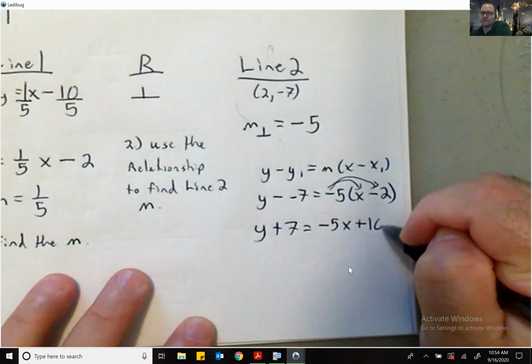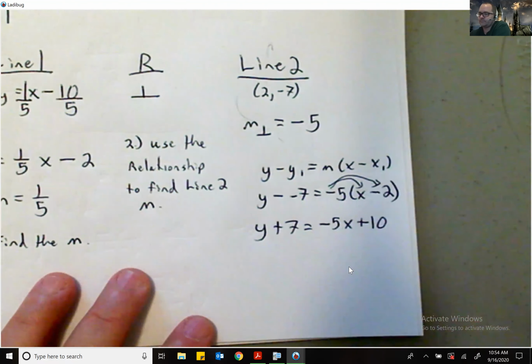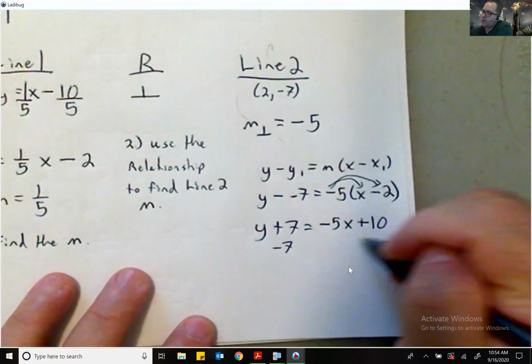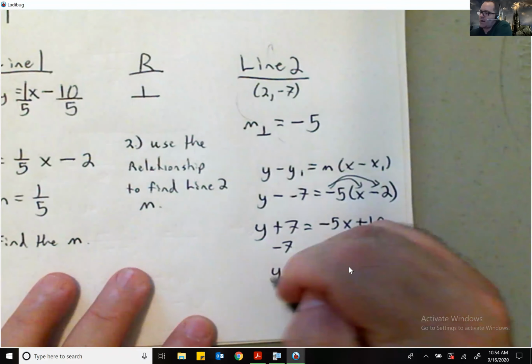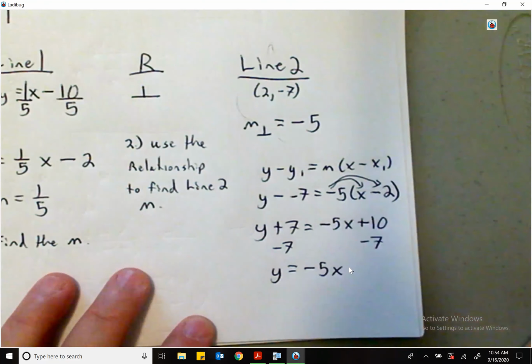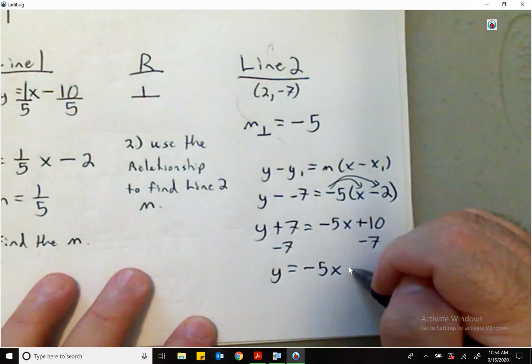And what's the last step? You add 7 to both sides. So our perpendicular equation is y equals -5x, keep going, +3. And that's it.